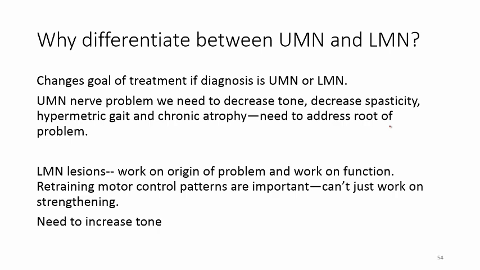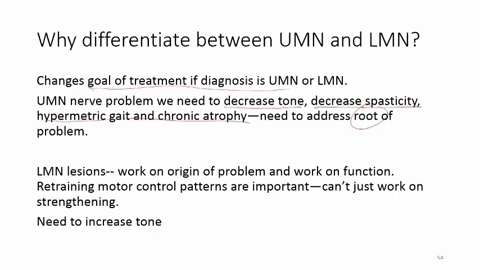So here's why do we care? Like, we just have a neurospinal. Okay, it's in the spine. Who cares where the lesion is? Well, the reason you care is because it changes the goal of the treatment. If it's upper motor neuron, we need to decrease the tone, decrease spasticity, work on that hypermetric gait and the atrophy.